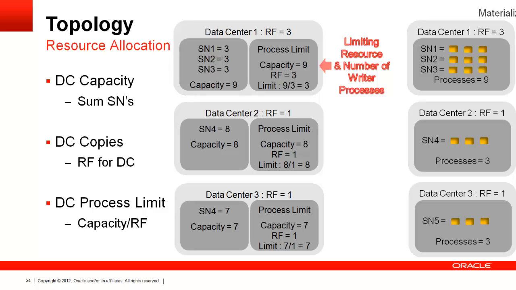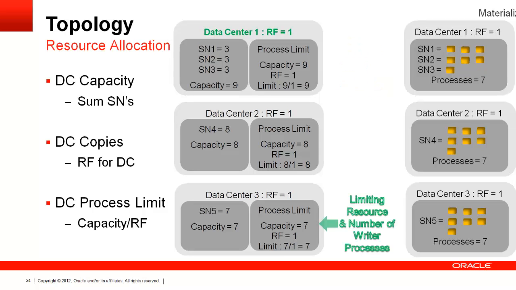Okay, so just to give you a better understanding of how this works, imagine that you have exactly the same physical configuration, the same number of servers, the same number of storage nodes, the capacity of 3, 3, 3, capacity of 8. And in data center 1, instead you use a replication factor of 1. Okay? And when you use a replication factor of 1, that changes your process limit calculation, right?